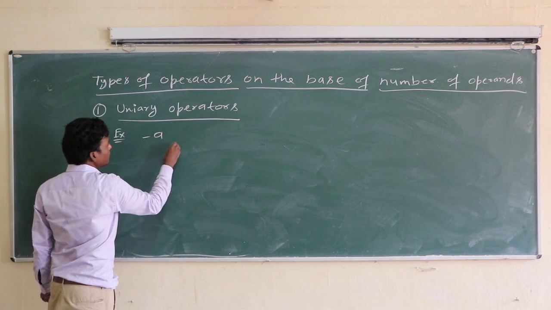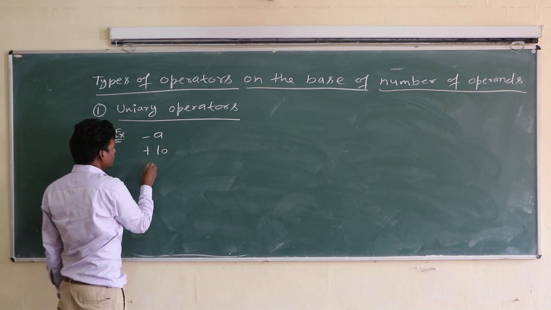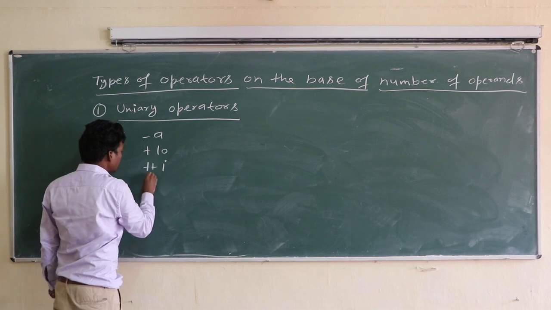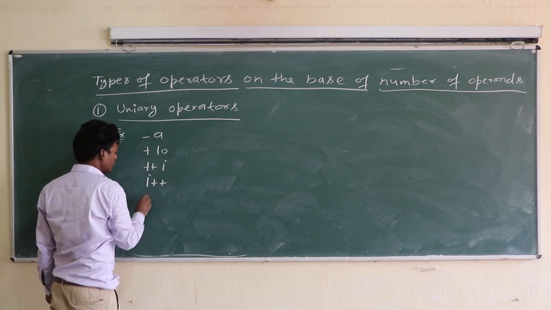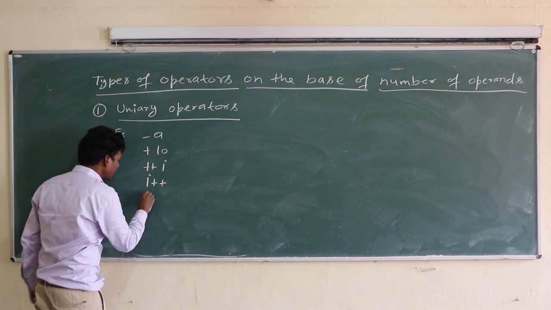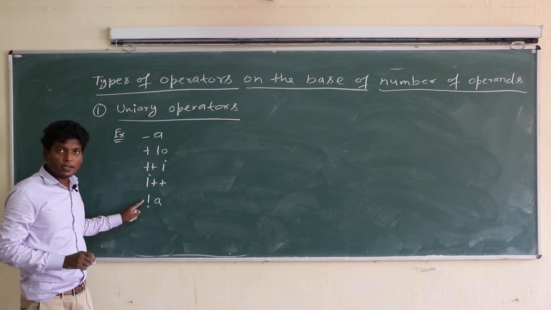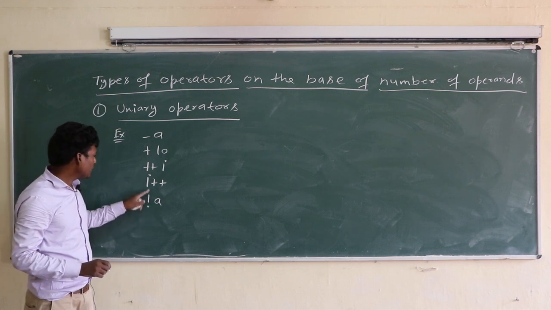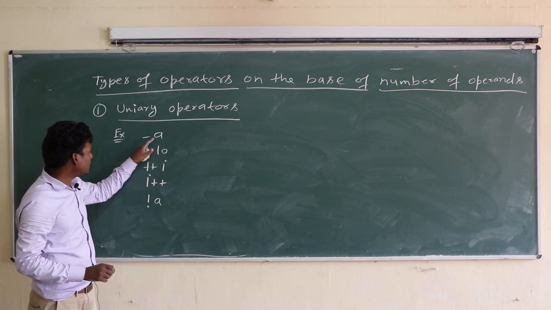Examples: minus a, plus 10, plus plus I, and not a. This is the logical not operator. Not a, I plus plus, 10, minus a.